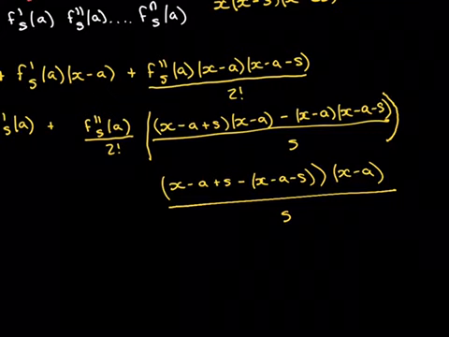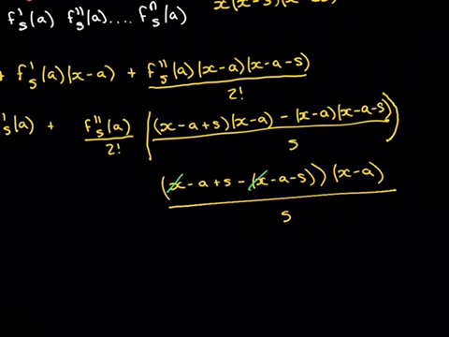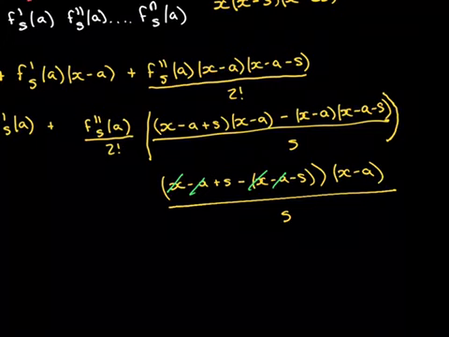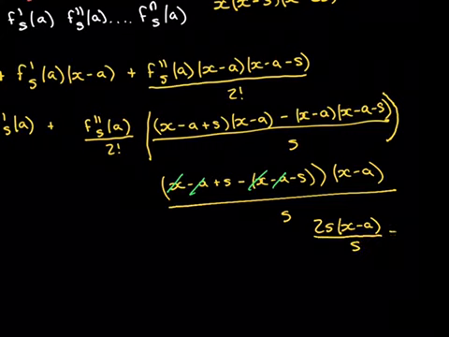Cancel this, so the x's cancel, the a's cancel. So this is why the a's don't matter, look, they cancel out like this beautifully. And then we just end up with 2s there. So this is going to be equal to 2s times x minus a over s. So it just ends up as 2 times x minus a.